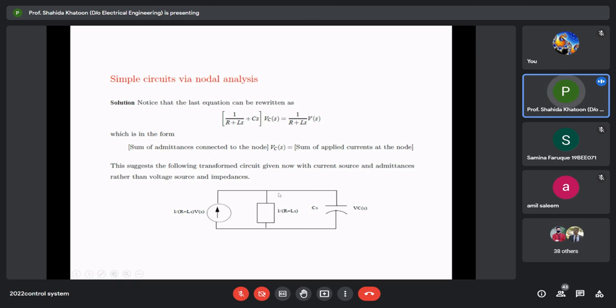Zs is R plus Ls, so 1 upon R plus Ls is the admittance, and the admittance across the capacitor is 1 upon 1 upon Cs, which is Cs. This is how we form the transformation using nodal analysis. You can draw this diagram and write these three equations and this diagram.